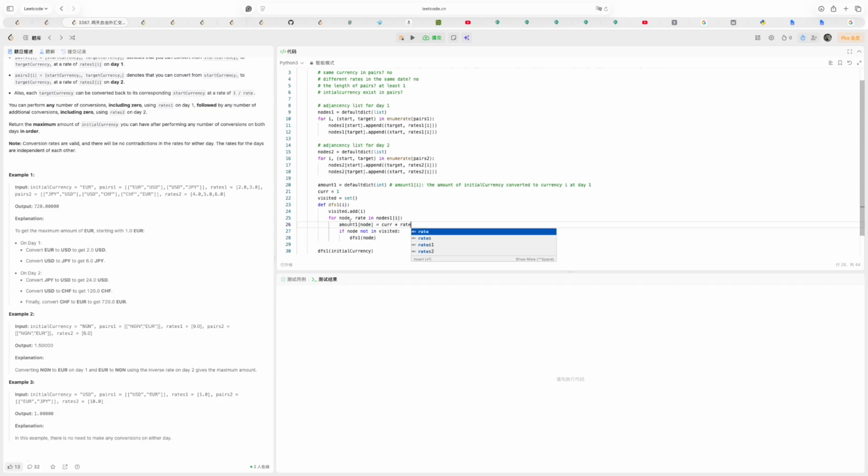Maybe for current you can use the amount, like amount 1, 5. So you need current.